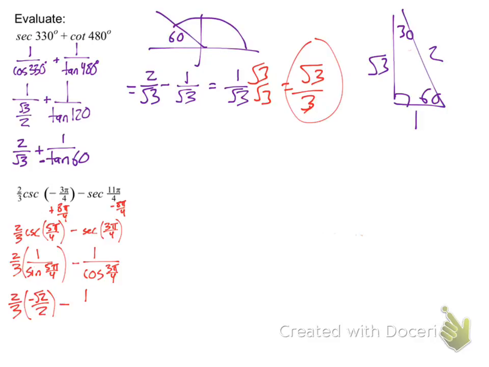Minus 1 over, what's the cosine at 3 pi over 4? Using your unit circle, people. What do you have? It's a negative square root of 2 over 2.